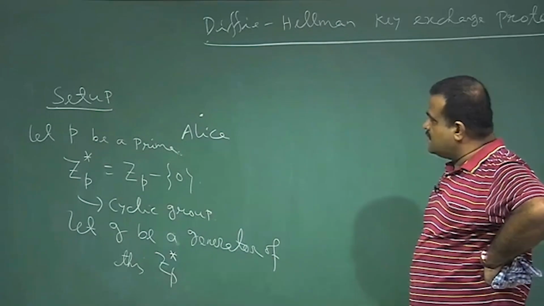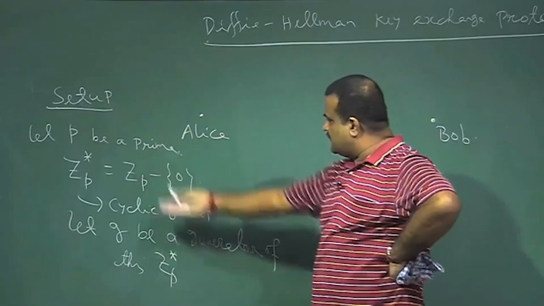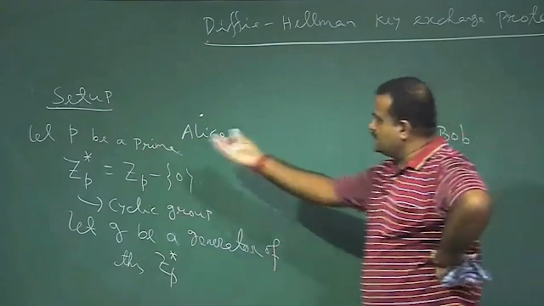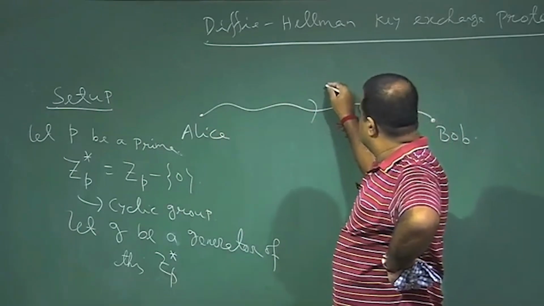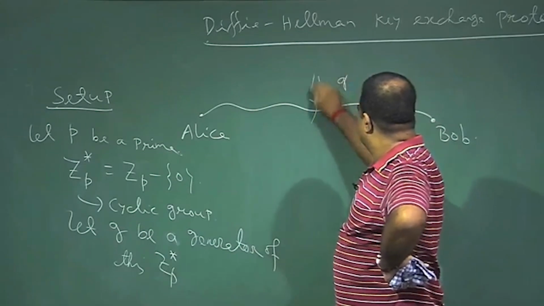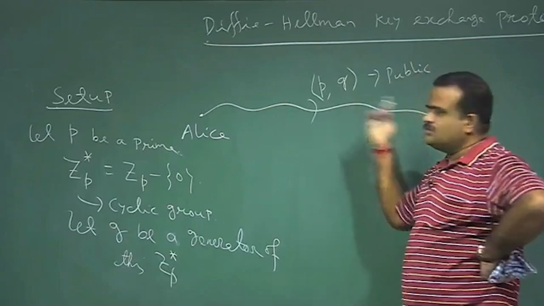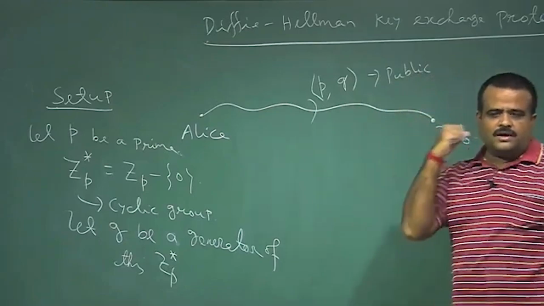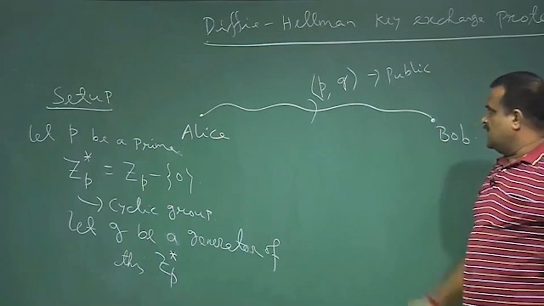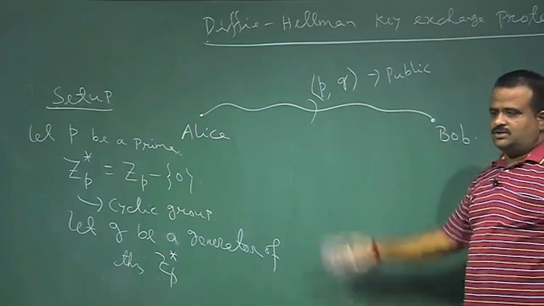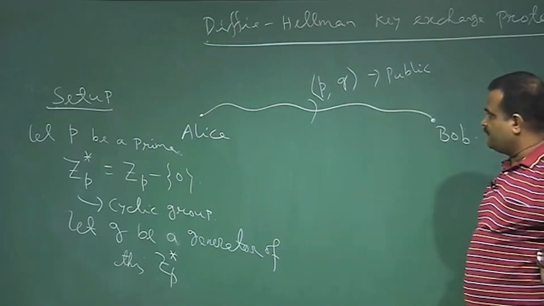This G and P, Alice makes public. This can be done by Bob also, but anyway this is the setup phase. Public means Alice may phone Bob and say this is our prime number and this is a generator we are going to use, and they can send this over the public channel, which is typically captured by the attacker.